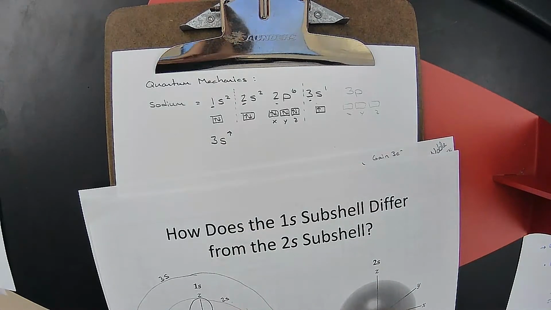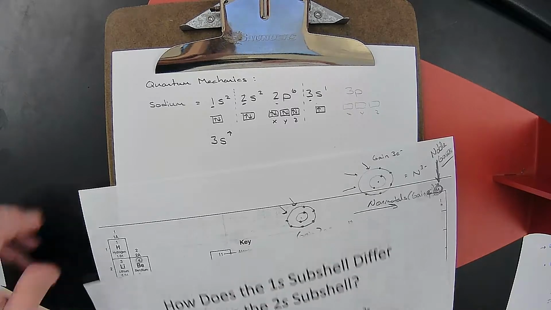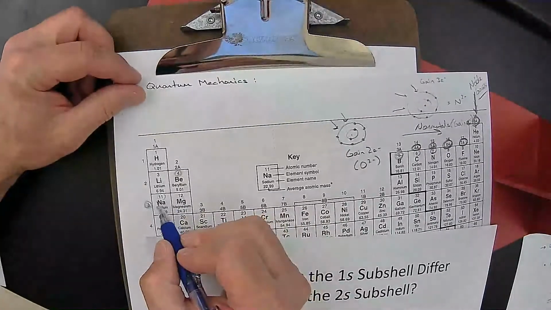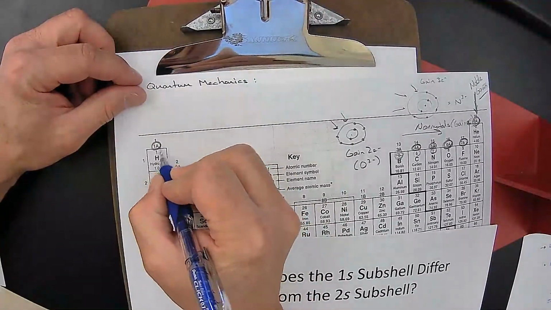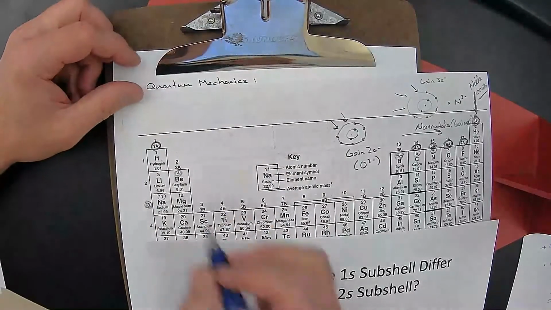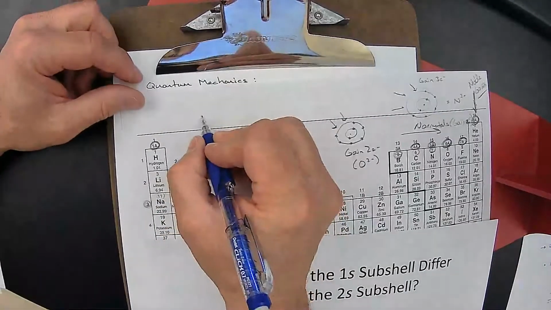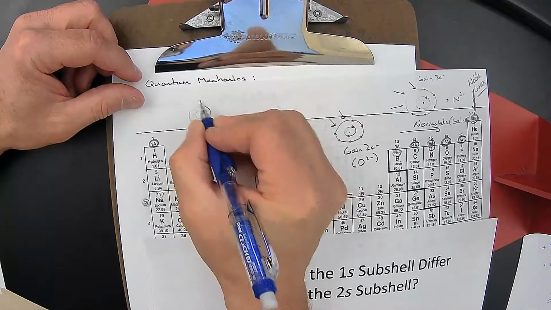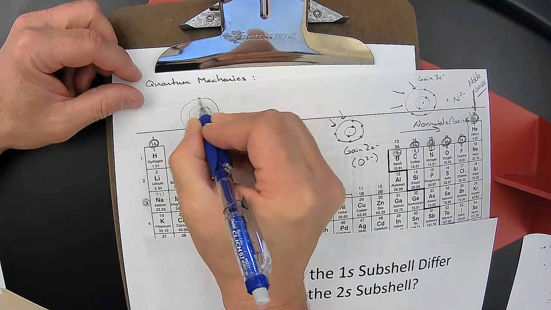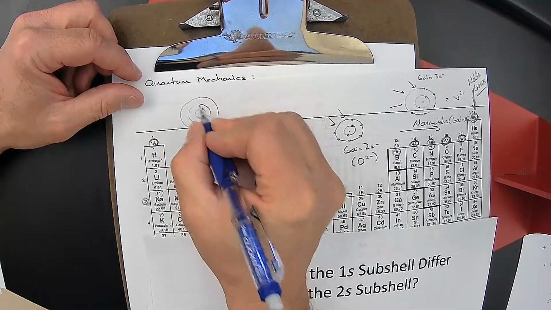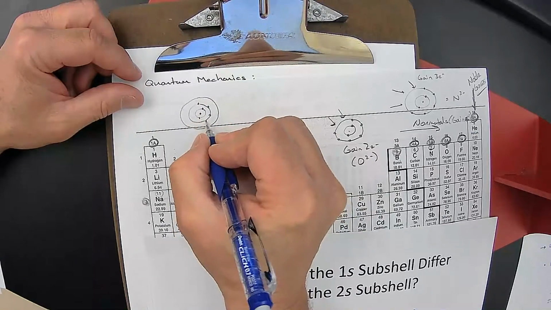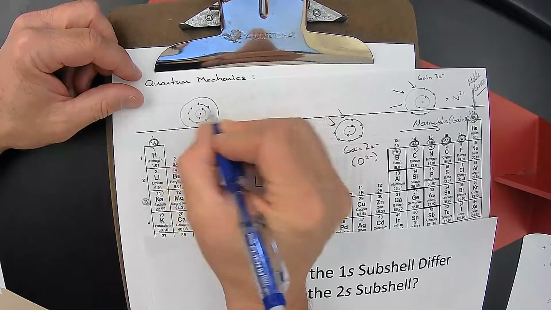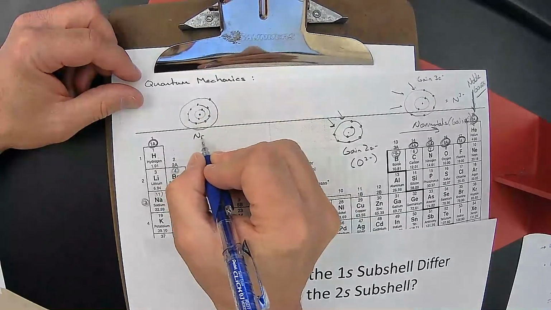This is why when we look at a periodic table and we see sodium in column 1A, we know it wants to get rid of that one outer electron and become a 1 plus ion. So when I draw 2, 3, 4, 5, 6, 7, 8, this would be sodium.